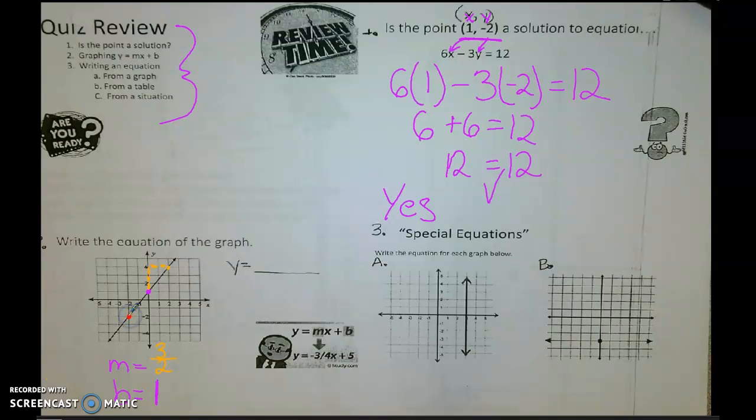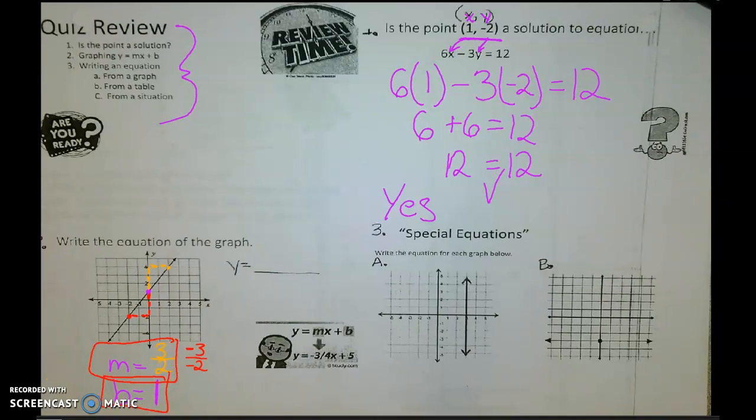I'm going to find one where it crosses right at the crosshair so that I can be really precise. So rise, it's actually going to go down 1, 2, 3. So that is negative 3 rise. Run left 1, 2, which means negative 2. Those things are equal. So our slope is m equals 3/2 and b is 1.